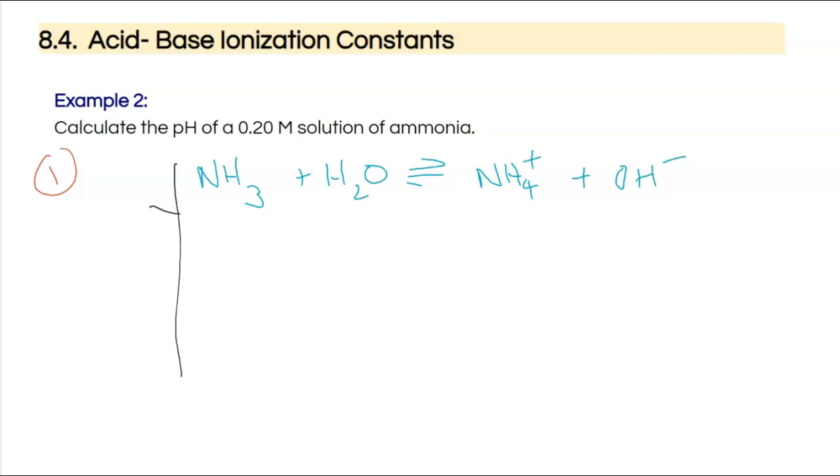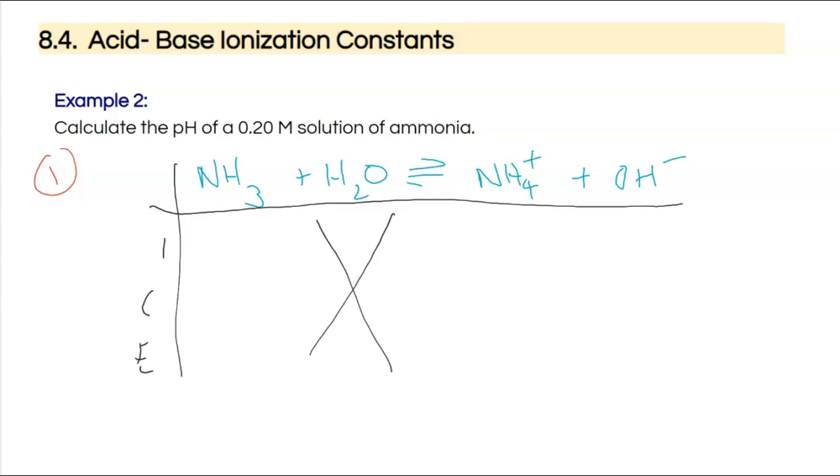I'm going to set this up as an ICE box. And I'm going to ignore water because, of course, everything else is in the aqueous state. Water is in the liquid state with an unchanging concentration. So I'm starting out with a 0.20 mole per liter solution of ammonia, and no ions have been produced at the onset of this.